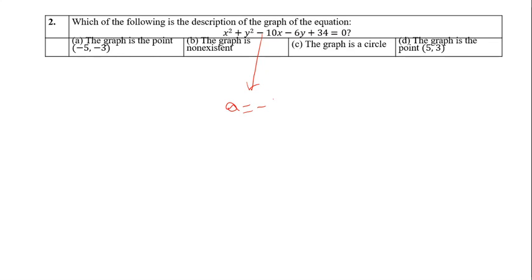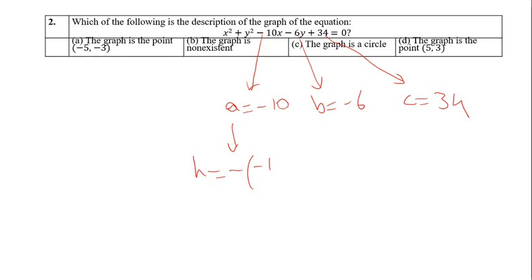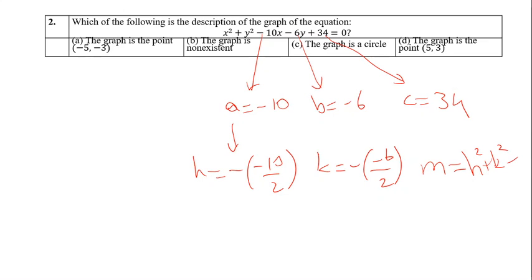You find a, you find b, find c, and then find h, find k, and find m. So m is h squared plus k squared minus c.